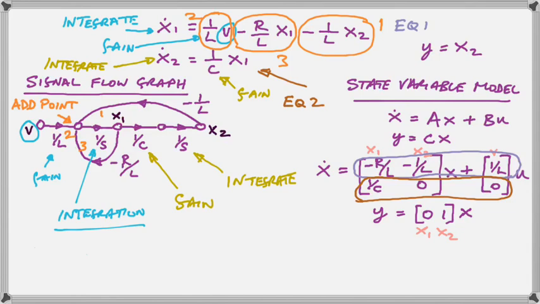Now we see in the case of the output y that the x vector, which contains x1 and x2, is multiplied by the C vector, and since the 1 is in the x2 position, it's 1 times x2, which is exactly what y is. Y is just x2, and there's no x1 in y at all, which is why there's a 0 there. So I'm sure that if you study this, you will be able to figure it out. So let us move on.